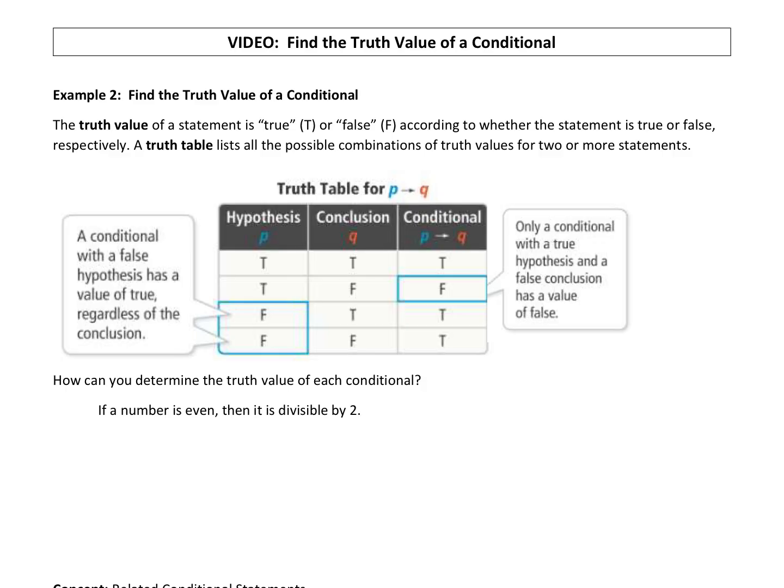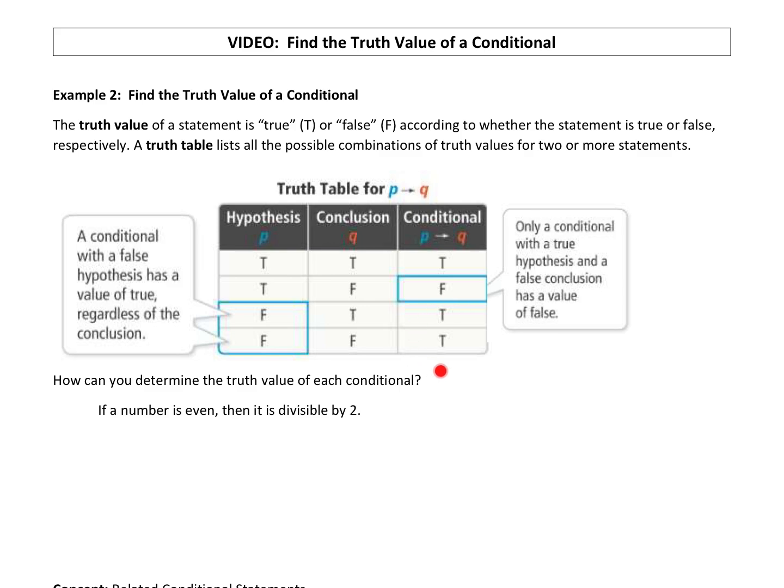So you can see that if your hypothesis is true and your conclusion is true, your conditional statement will be true. So true, true, true. The only time the conditional statement is false is if your hypothesis is true and your conclusion is false. Then you will have a false conditional.